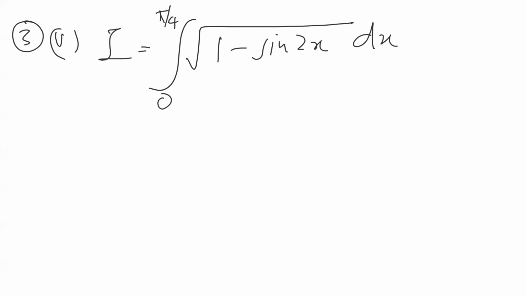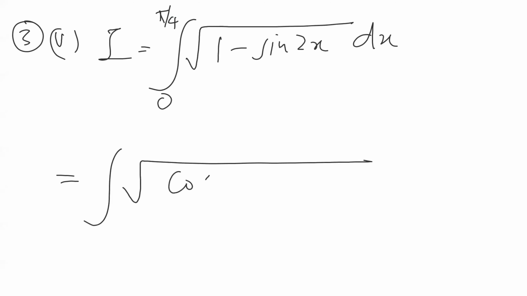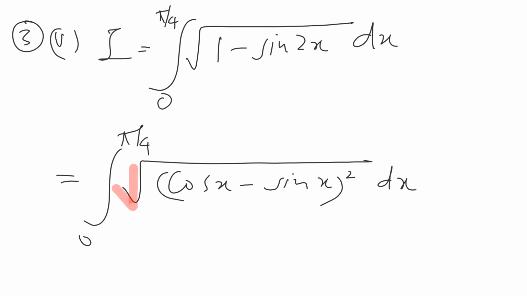Now 1 minus sine 2x, we have a ready-made half angle formula: cos x minus sine x, the whole square. Now the root and square will get cancelled. So we'll be left with cos x minus sine x.